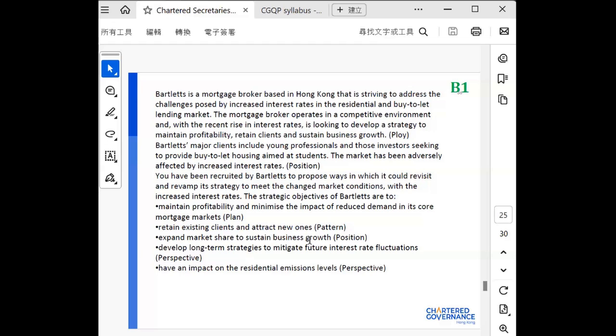Perspective is the overarching policy or philosophy. So the interest in long-term strategies and environmental impact reflects a broader perspective. So they're thinking beyond the immediate profits, towards sustainability and growth.